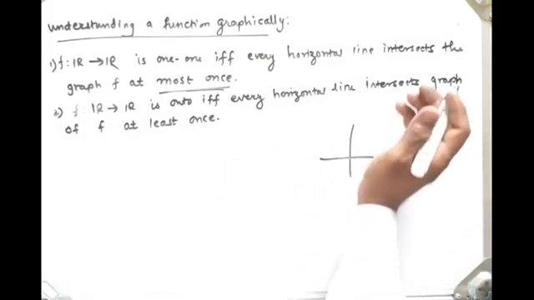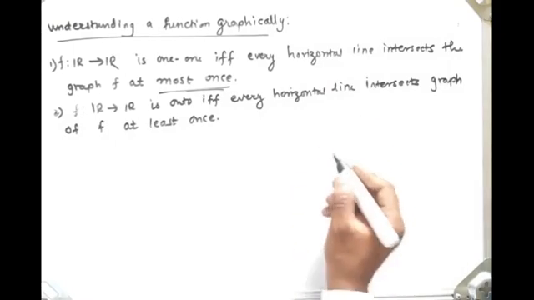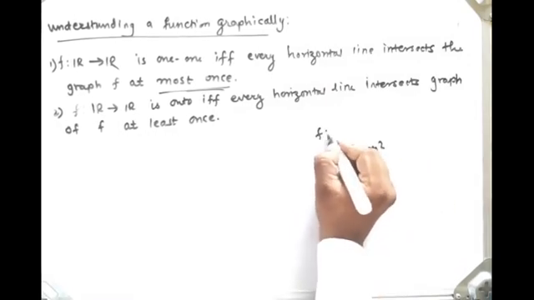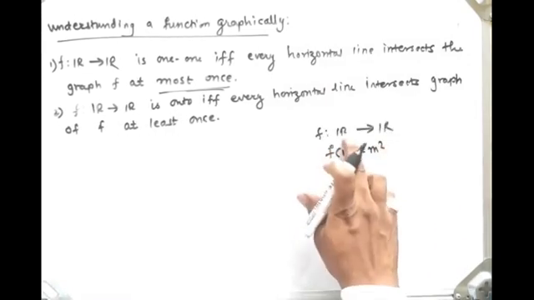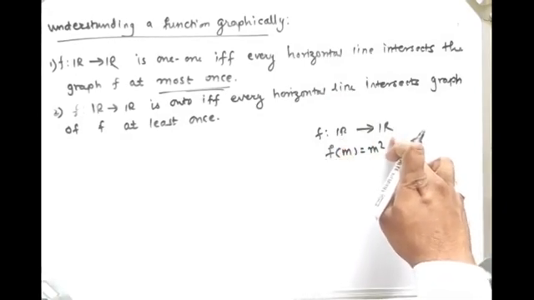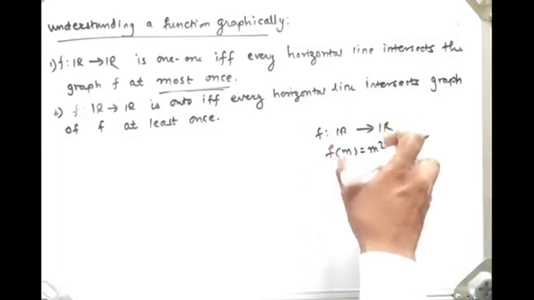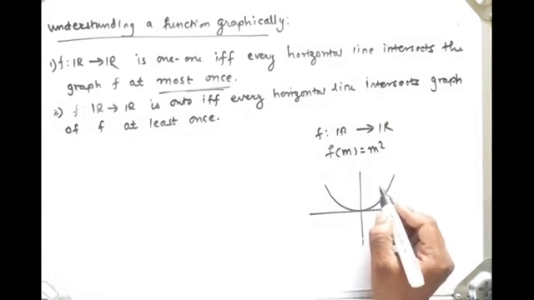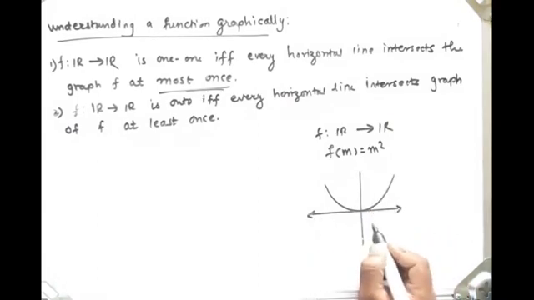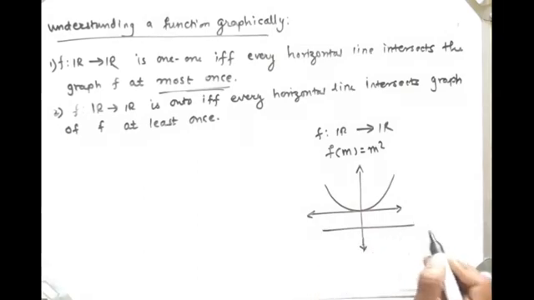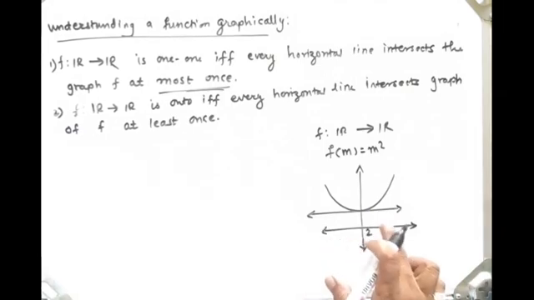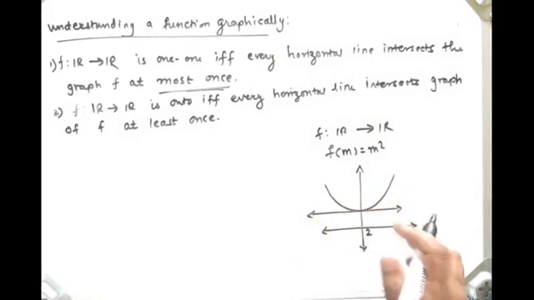Now we have seen the function f of m is equal to m square, f from R to R. Here the domain is R and the codomain is R, which is not onto. We have seen this in the previous example, right? The graph of this function is like this. Here the domain of the function is R and the codomain is again R. If I draw a horizontal line at 2, this line does not cross the graph.